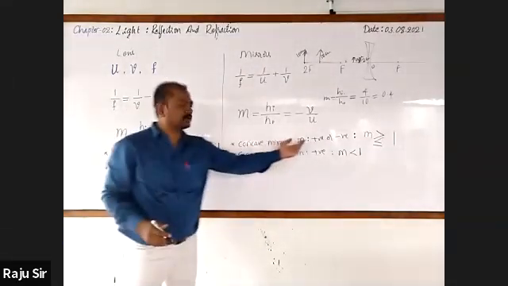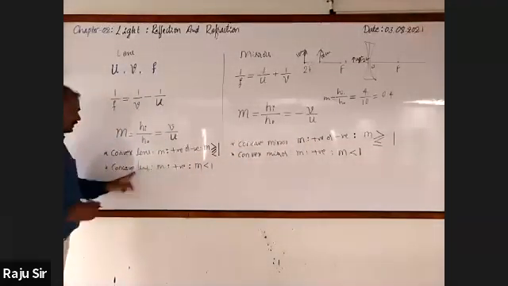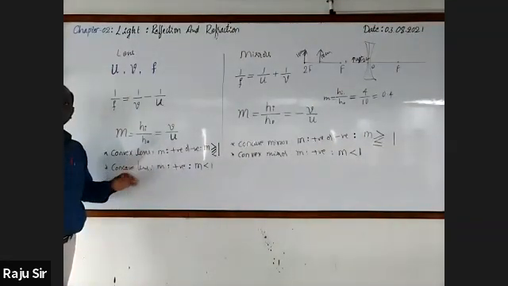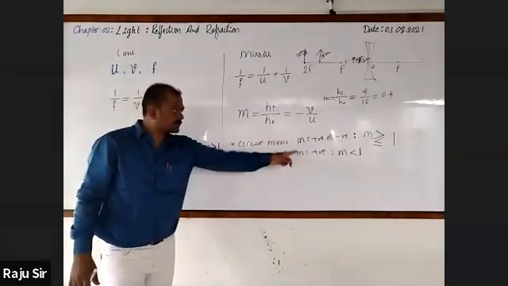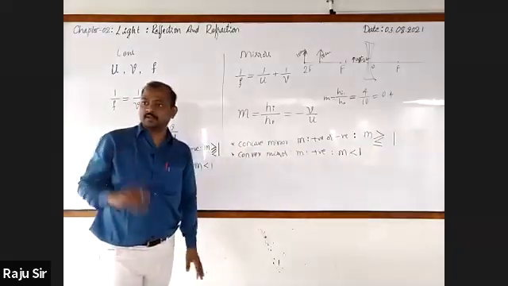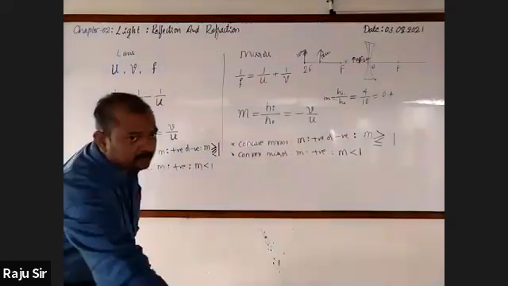The same thing is for concave mirror. Concave lens magnification is only positive, and its value is always less than 1. And it is also said with respect to convex mirror.